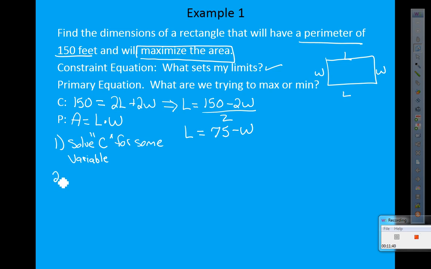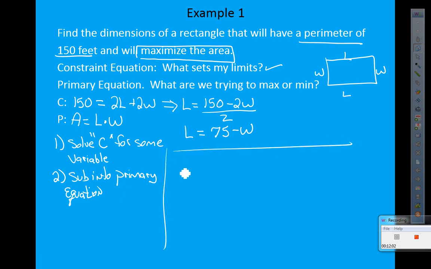Your next step is you're going to plug that back into your primary equation. I'm going to take this primary equation which says area equals length times width.